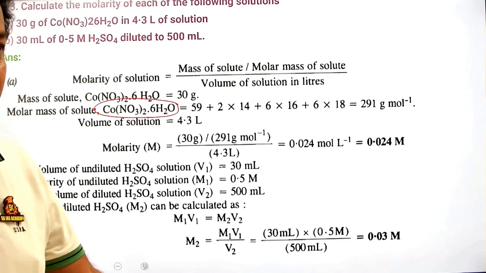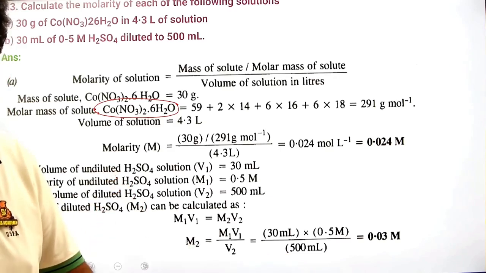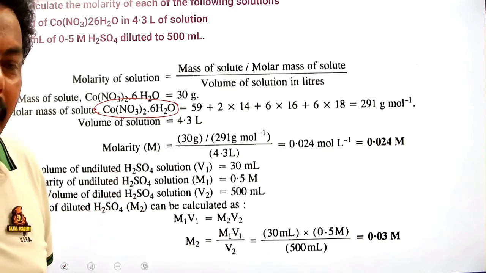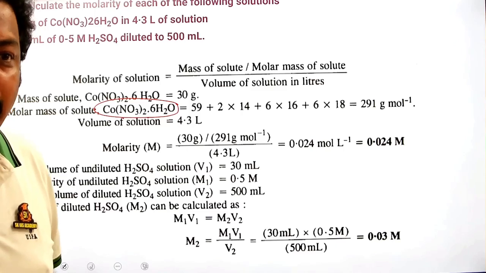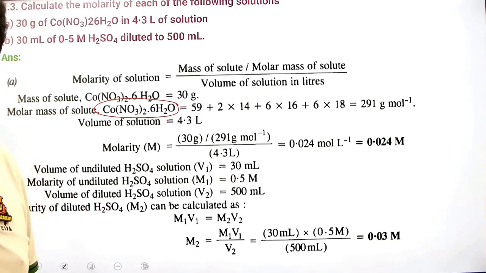Simple formula substitution. But where is the problem? We did not know what is cobalt, what is nitrate. Nitrogen I can do because it is in the top 20. Oxygen I can do. Hydrogen I can do. But where was I having the problem?